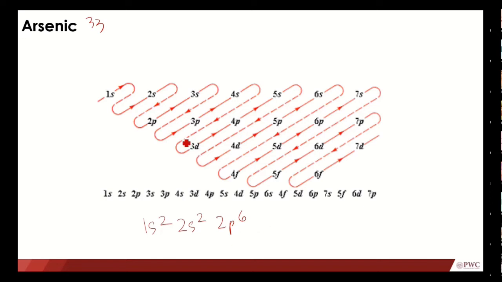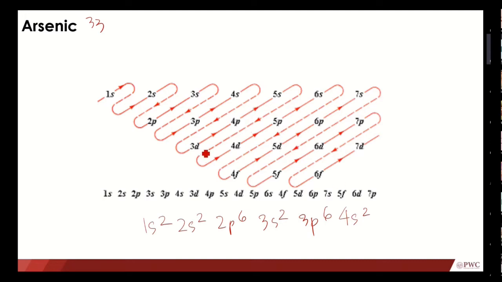Okay, after 2p6, we go to 3s. 3s, pila ka electrons? 2. After 3s, let's go to 3p. 3p6. Let's stop muna. We have 2, 4, 10, 12, 18. Kulang pa, right? After 3p, the next one is 4s2. Okay, next.